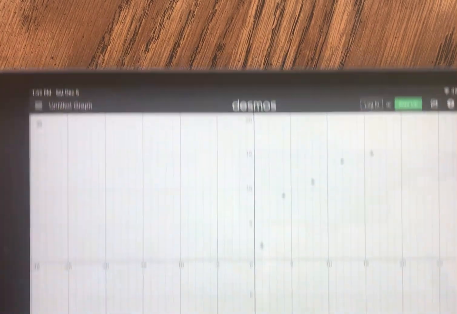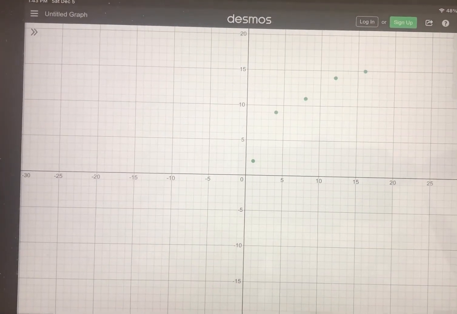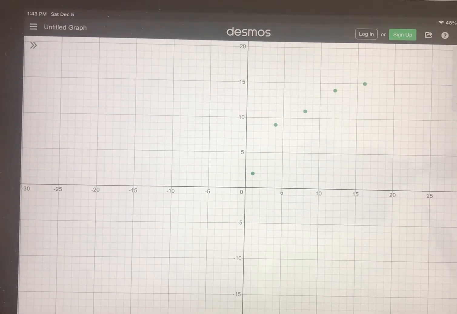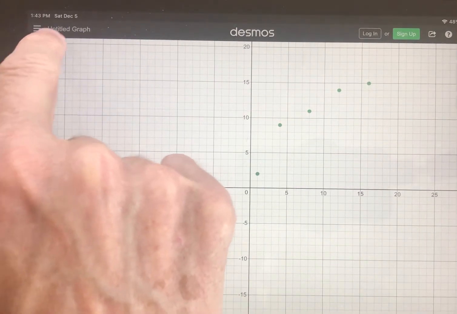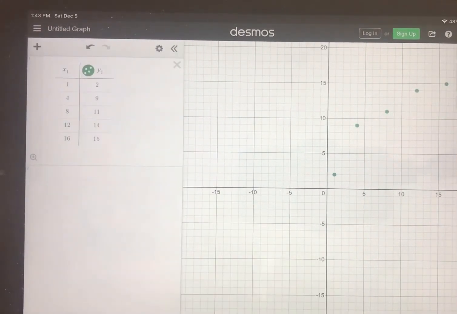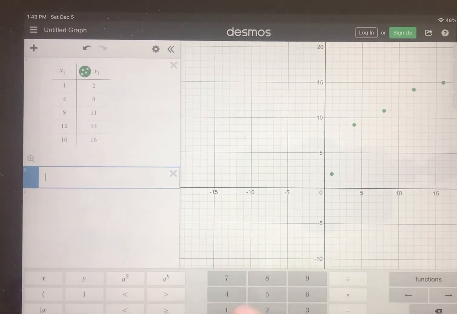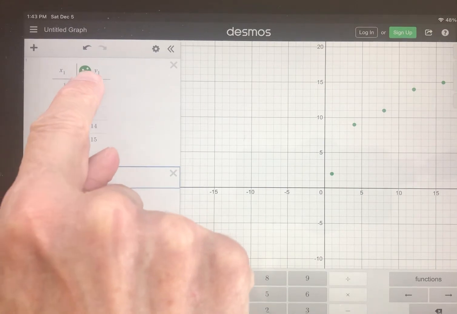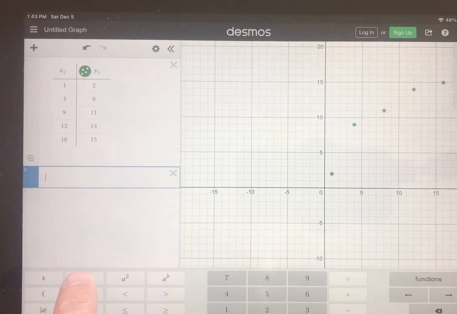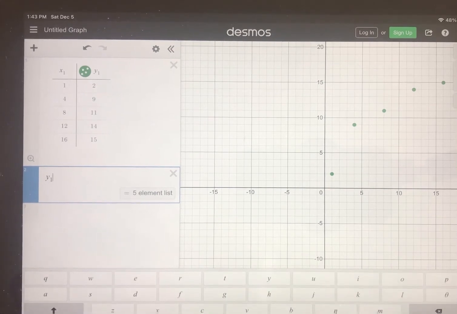Okay, so let's first press the double arrows here and get that section open. I'll go into row 2, and my data is in x1, y1, the table. So y sub 1. Go to the tilde, which is in the keyboard, bottom row.